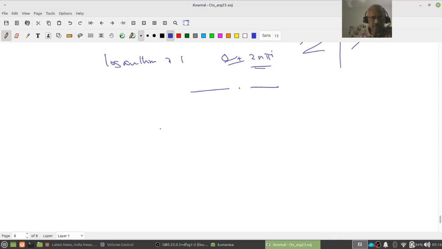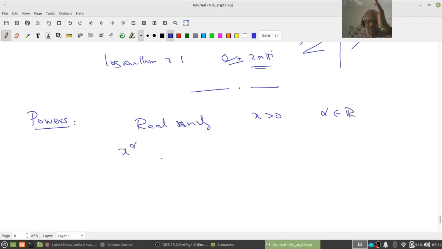Now we want to talk about powers. Remember, in real analysis, if x is positive, alpha is any real number, we define x power alpha. Again, many of you might have forgotten how x power alpha is defined.